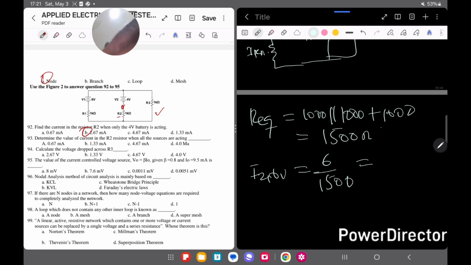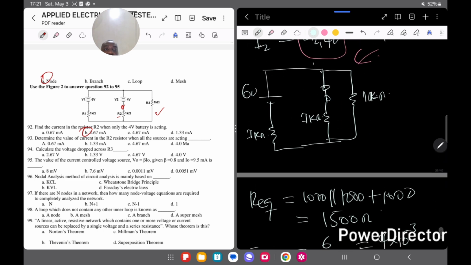So we now get 6 divided by 1500. That is going to give me 4 times 10 to the power minus 3, which is 4 milliamps.